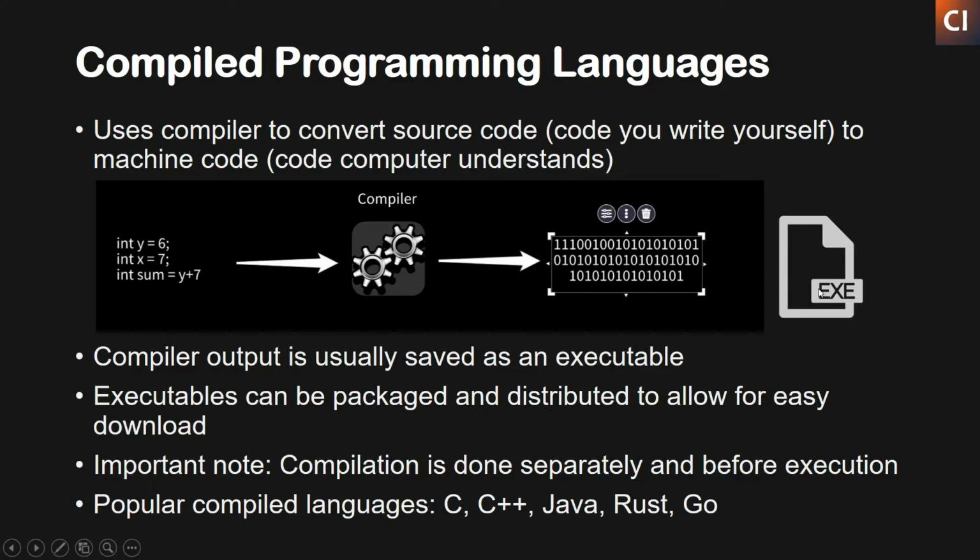All these setup files and exe files that you download, somebody wrote the code somewhere and converted it into that format for you to be able to use the software. Compiling it into these exe formats allows you to easily distribute it.